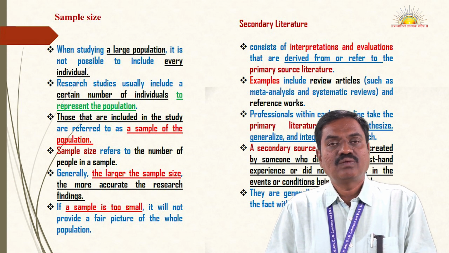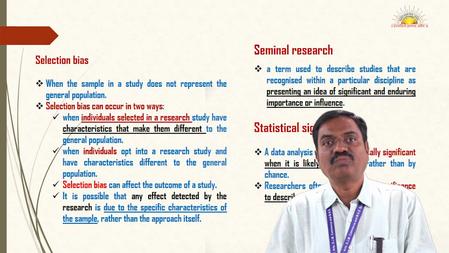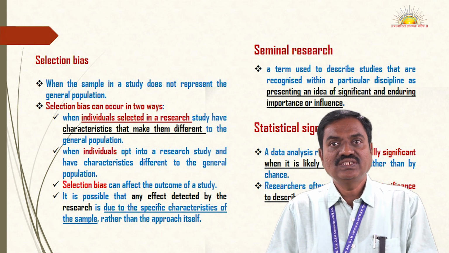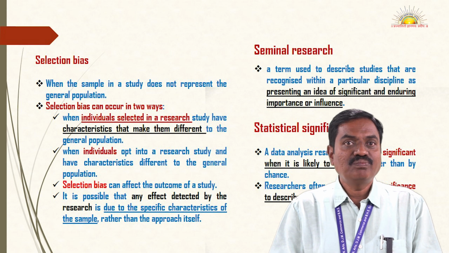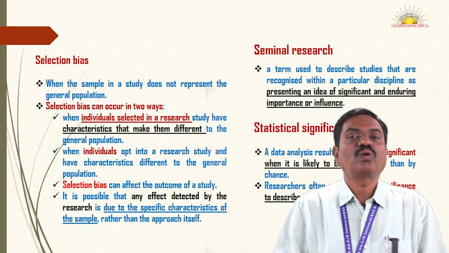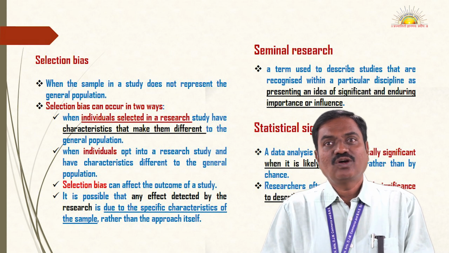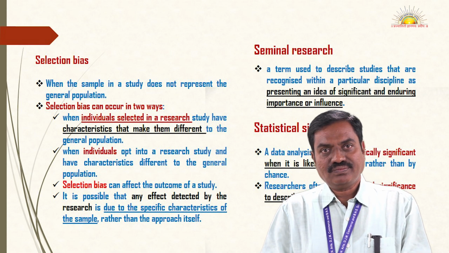The next term that I am going to talk about here is the term selection bias. It is when the sample in a study does not represent the general population. Selection bias can occur in two ways.